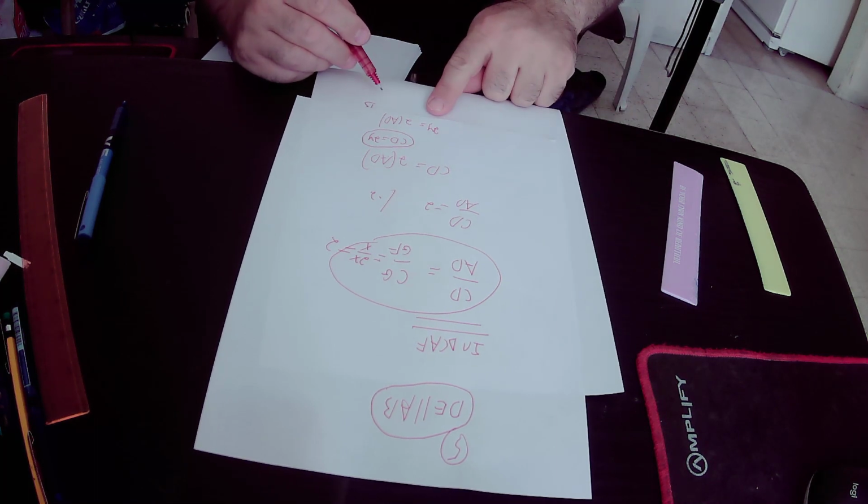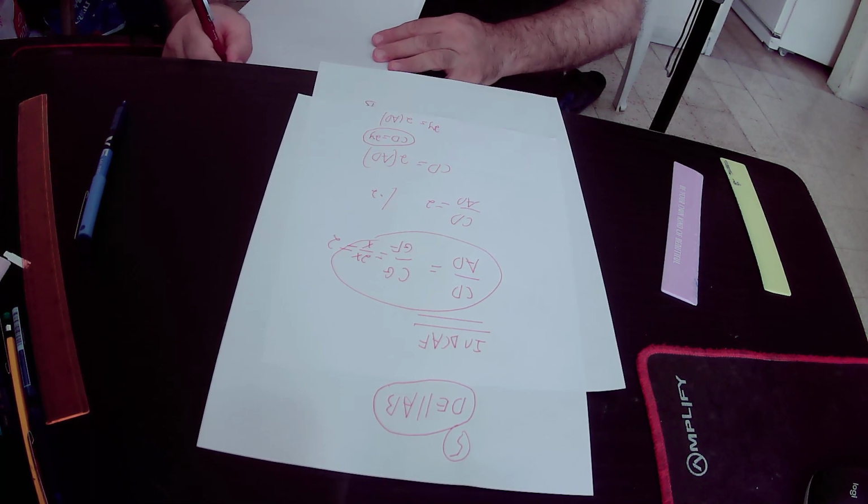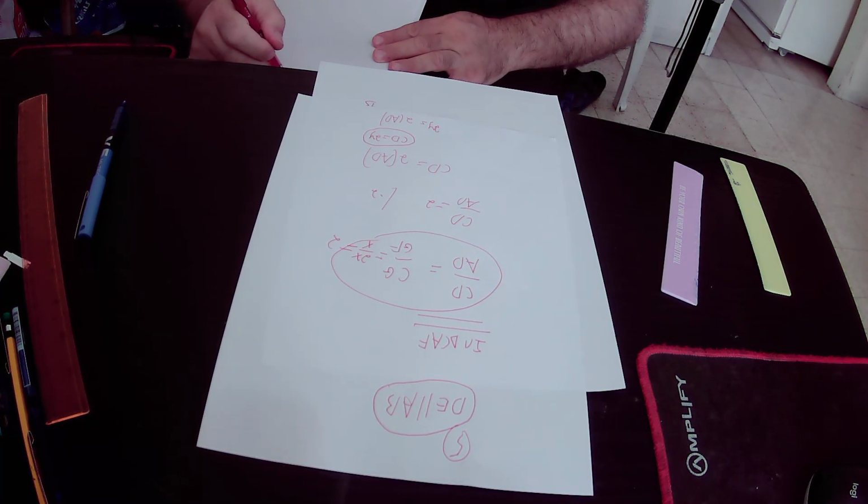Then we will divide this equality by 2, and we will get that AD equals y. So we found out that if CD equals 2y, then AD will be equal to y.